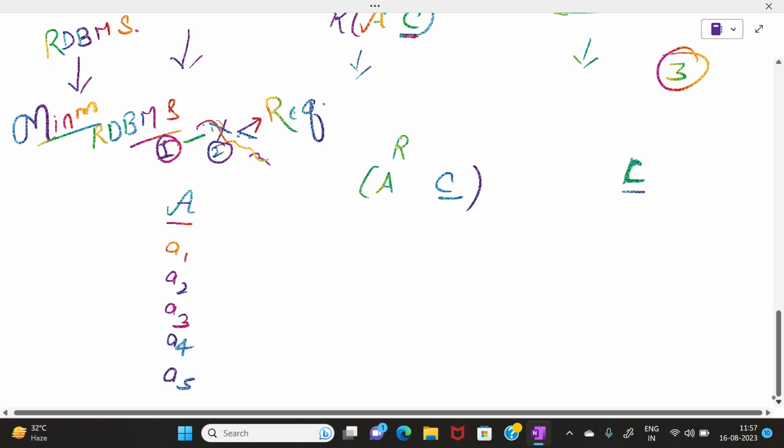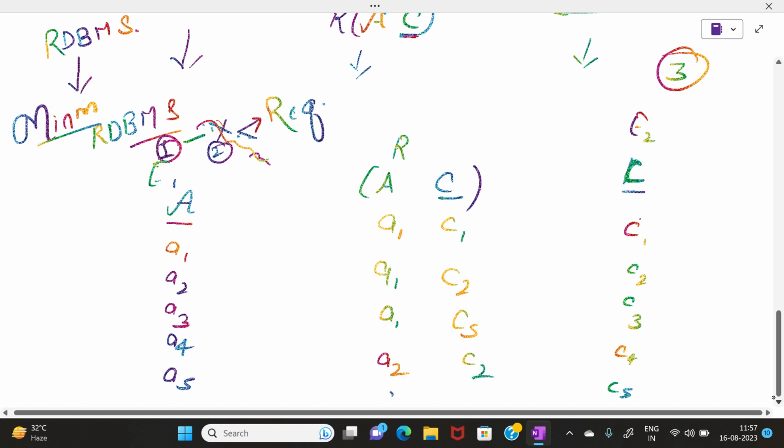This is for E2, this is for E1. And C can be C1, C2, C3, C4, C5. So A1 can be linked to multiple values of C. So A1, C2, A1, C5, and then A2, C2, and let's say A3 is related to C4.